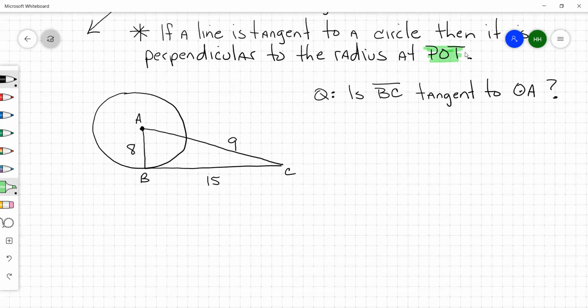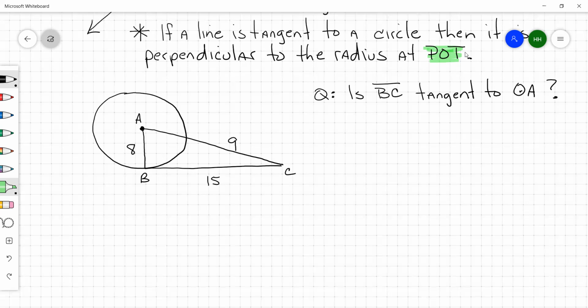Well, it looks like it is, but in geometry, you're not really supposed to assume anything. Really shouldn't assume anything ever, okay? Is BC tangent to circle A? Well, if AB and BC intersected at 90 degrees, then we would know that BC is tangent to circle A.